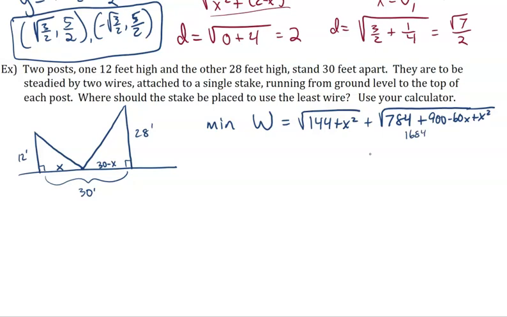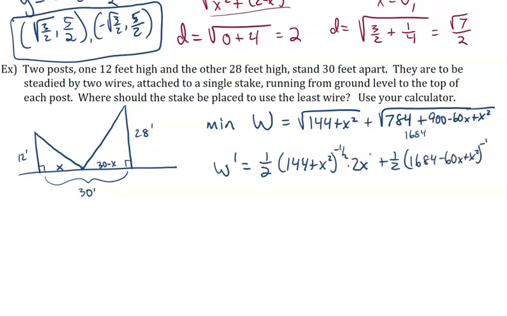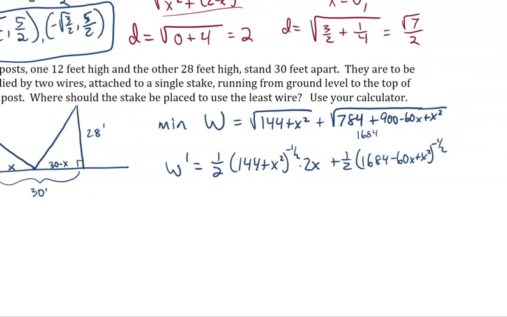So let's take our derivative. We have 1/2 times (144 plus x squared) to the negative 1/2 times 2x, plus 1/2 times that whole quantity, 1684 minus 60x plus x squared to the negative 1/2 times negative 60 plus 2x. And then what can I simplify?